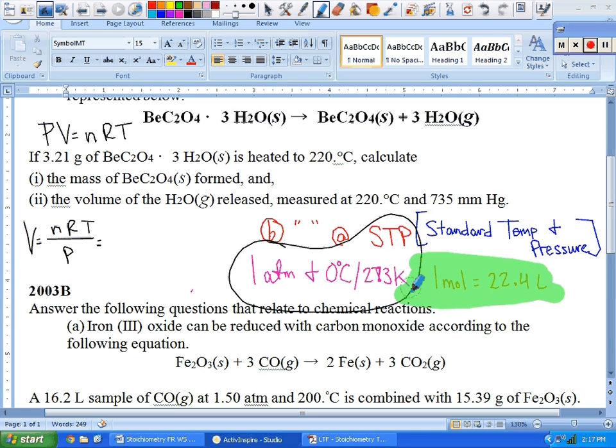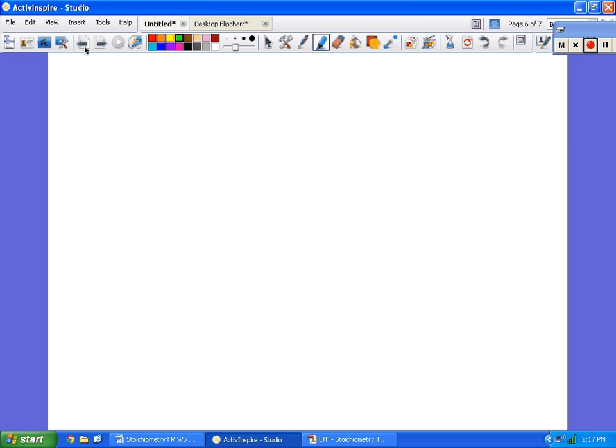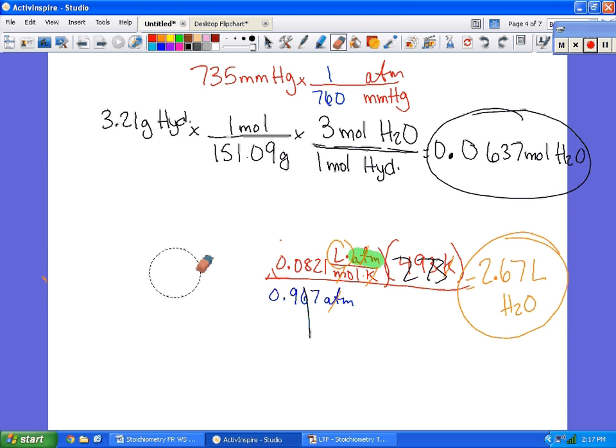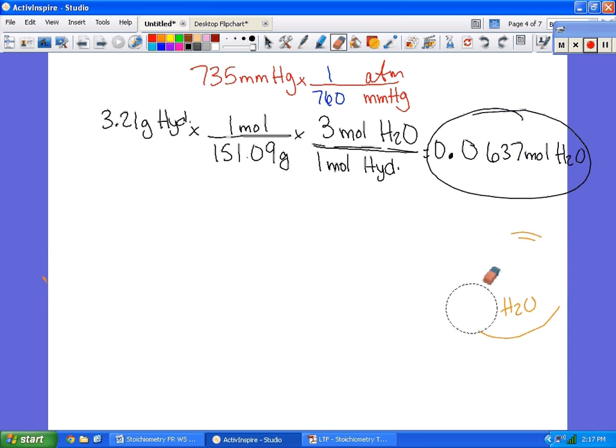Can I show you how much easier that problem would have been had it been at STP? The question was, calculate the volume at STP. So, here's what you could have done. Let me erase all of this. Do you agree that you have the moles of water now? Watch this. 0.0637 moles.